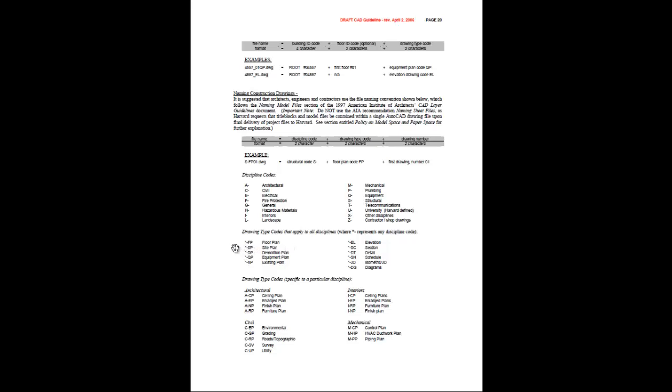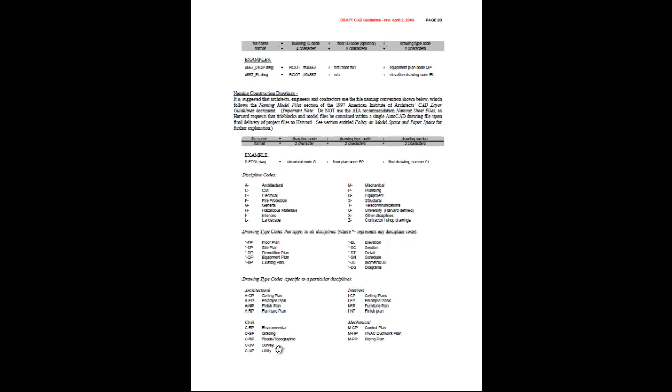It could be C-SP for site plan 1, site plan 2. You could use 001 or 002. Most architects or engineers use three decimal points on these. And the drawing type, ceiling plans, enlarged plans.